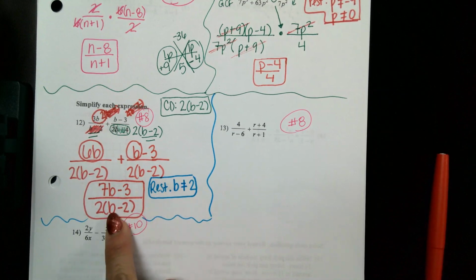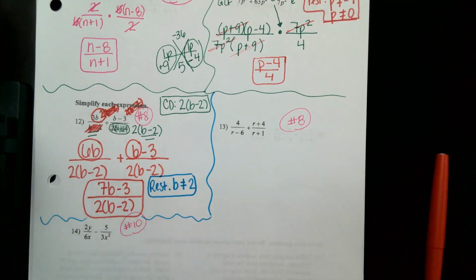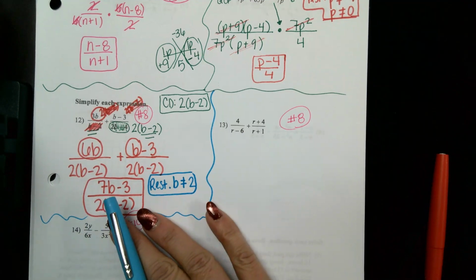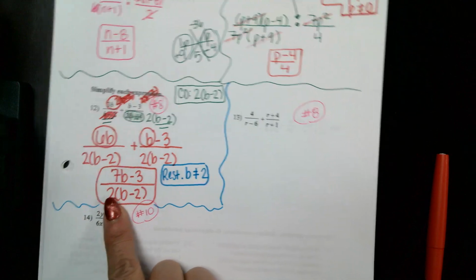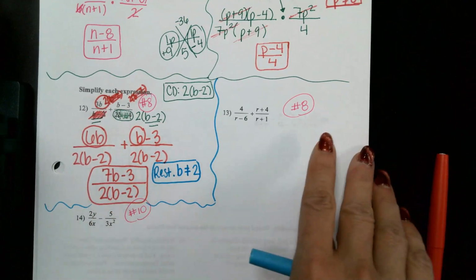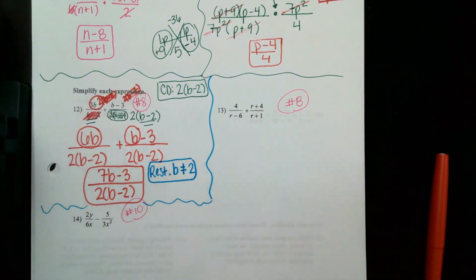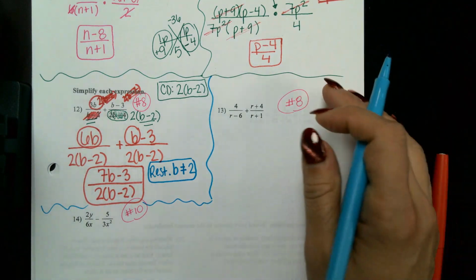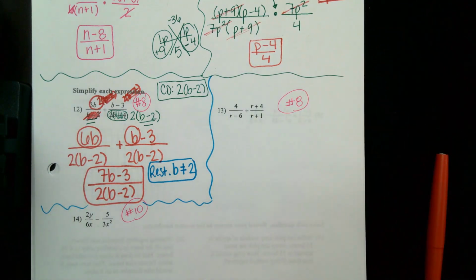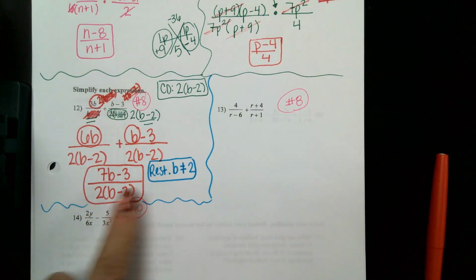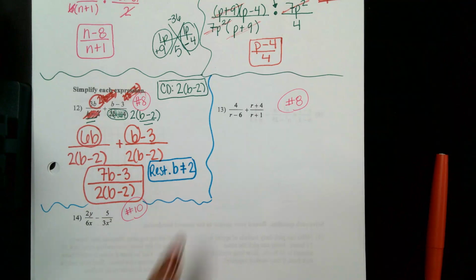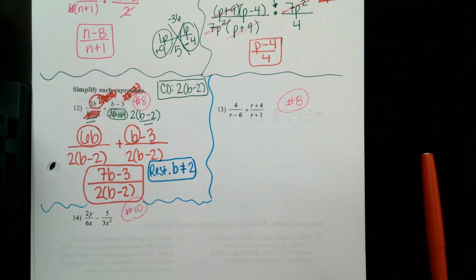No, it's because if I put a 2 here, 2 minus 2 would give me 0, and you can't have that. The 2 on the outside really doesn't affect our restriction. It's just whatever's there. But there's not a b out here. If there were a b out here, it would be a restriction. But since it's just a number, no.